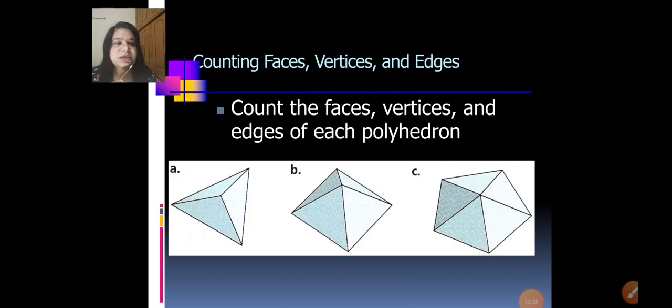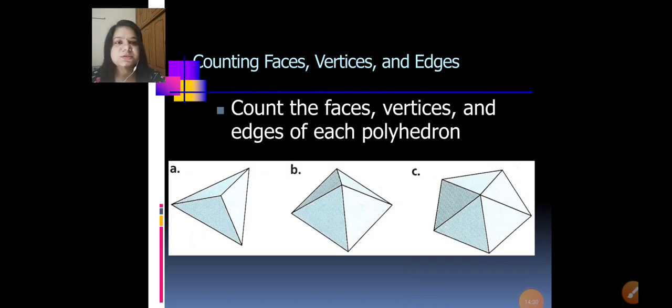In C part, just check, the base polygon is a pentagon, and on the 5 sides of this pentagon we have joined 5 triangles. So these are all 3D figures. A polyhedron with a pentagon base and triangular lateral faces, the side faces, will be called a pentagonal pyramid. So a pyramid is named after its base.